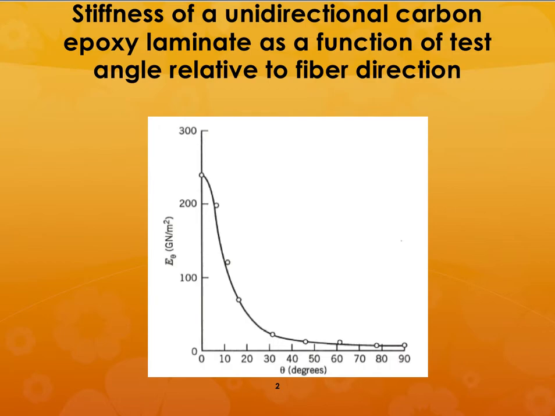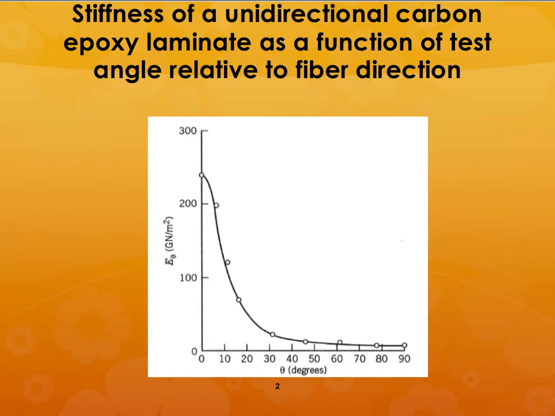So we looked earlier at how the angle of the fibers, the orientation of the fibers, is going to control the properties of the composite by itself. You know that in simple terms you can use a rule of mixtures to calculate the modulus of the composite itself.